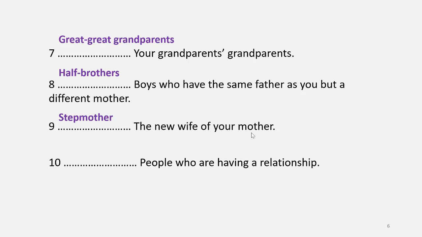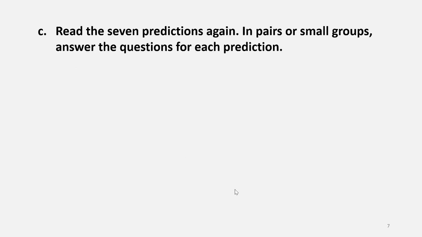Okay. And next, people who are having a relationship. Do you remember what that was? Yeah, we call them couples, right? Okay, good. And for the next part, part C, we need to read the 7 predictions again. In pairs or small groups, answer the question for each prediction.